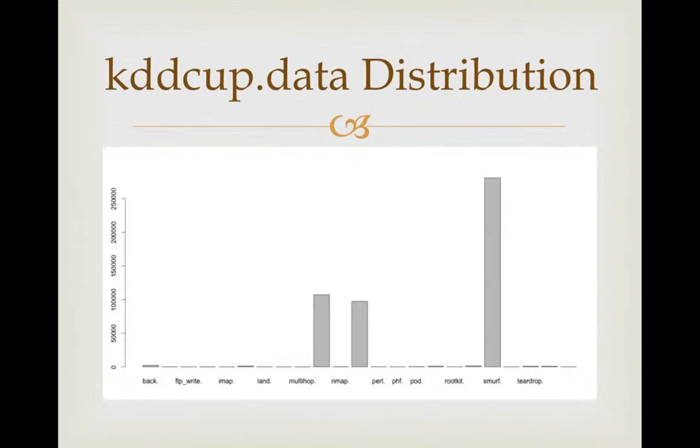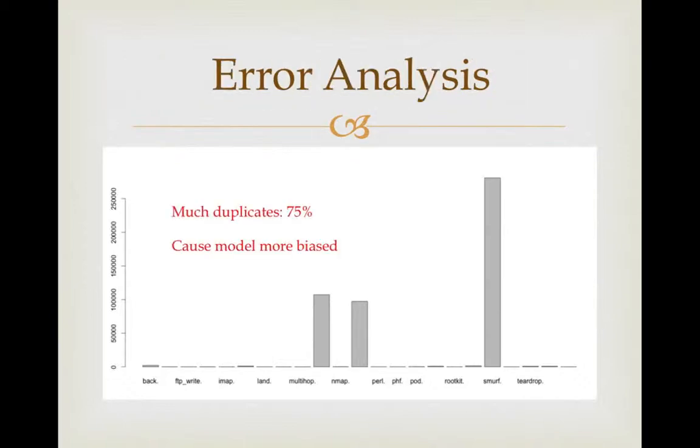It is also said that 75% of the training data is duplicates, and 78% is duplicates in the test data, which means it will bias our model toward the more frequent data types.